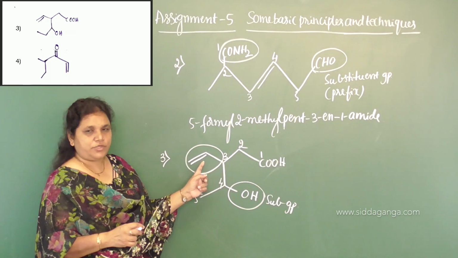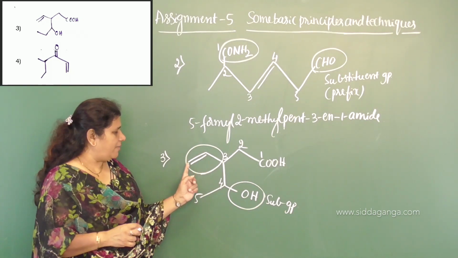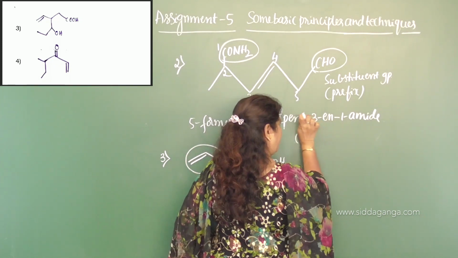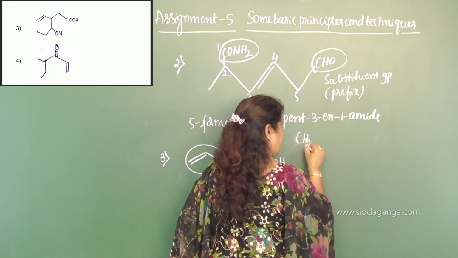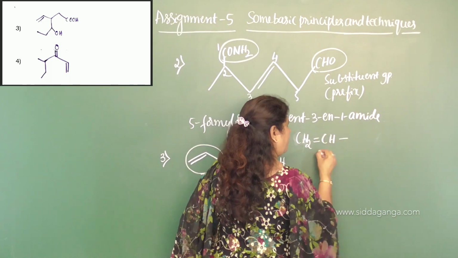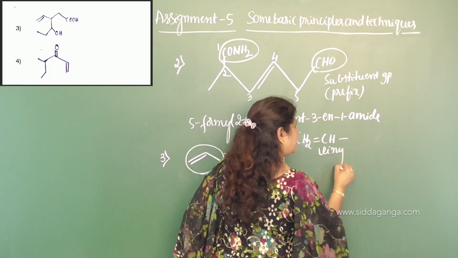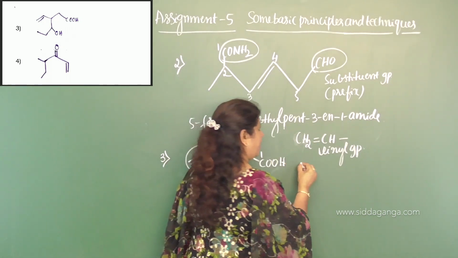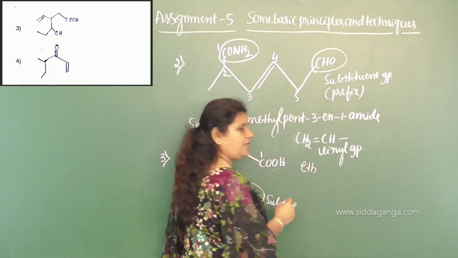And what is this substituent group? CH double bond CH2, or CH2 double bond CH. It's nothing but a vinyl group, or it is a derivative of ethene.